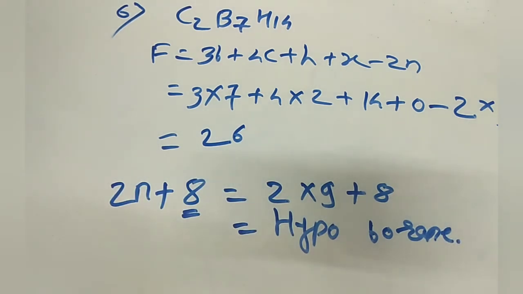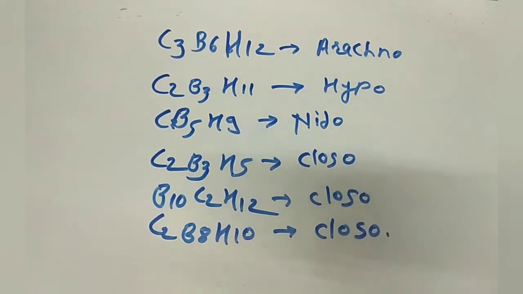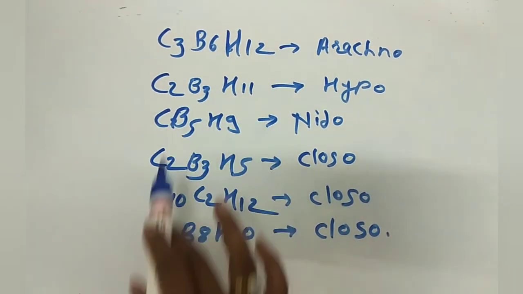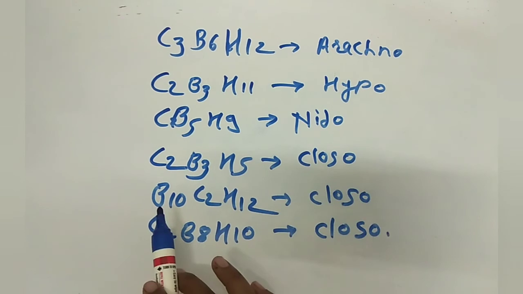So dear student, we have considered each and every type of borane and how to calculate them. Now there are some examples to solve for practice. You have to calculate these examples on the basis of Wade's rule.